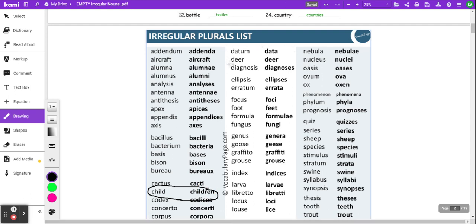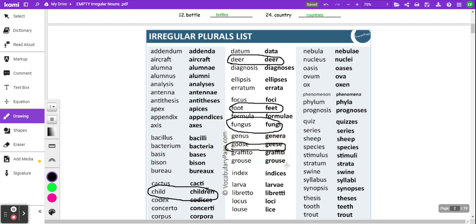We have, esto puede ser que you might see it, deer and deer. Foot and feet. So datum es solo una, es uno. Un variable, one variable. Data es una lista de muchas, a lot of variables. Datum. A lo mejor fungus and fungi. Goose and geese.